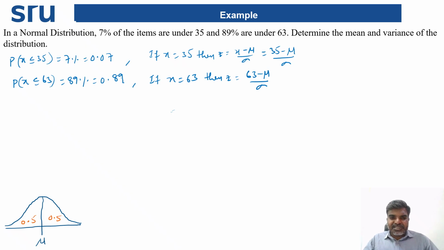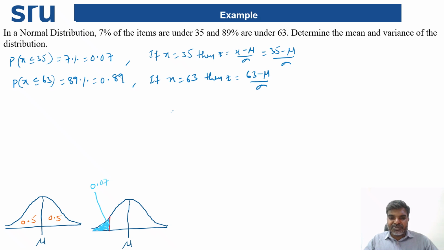We have to consider this area under the normal curve. 0.07 means it is less than 0.5. So I am taking that 0.07 area on the left side of the curve because it is less than 0.5.